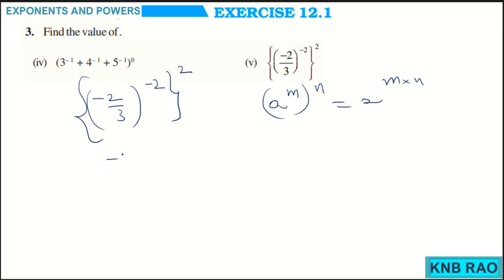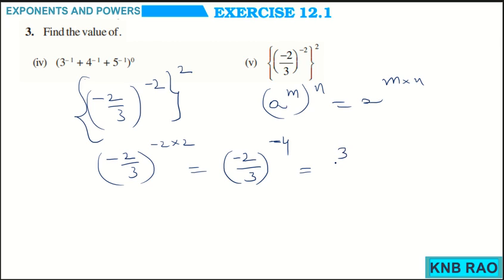Based on that, (-2/3) whole power -2 into 2 gives us (-2/3) whole power -4. To remove this negative power, we will reciprocate the base. It becomes (3/-2) whole power 4.